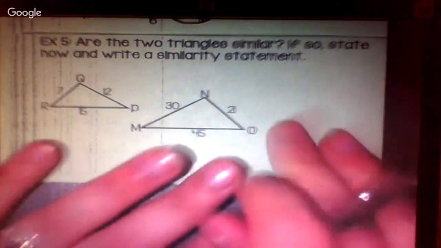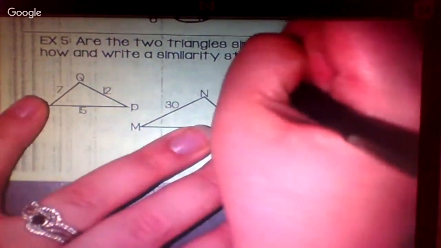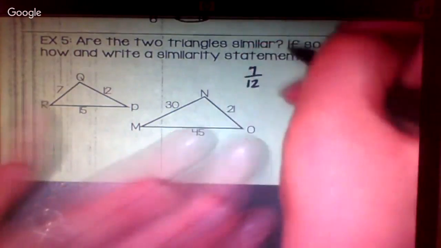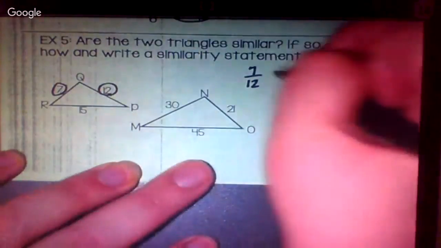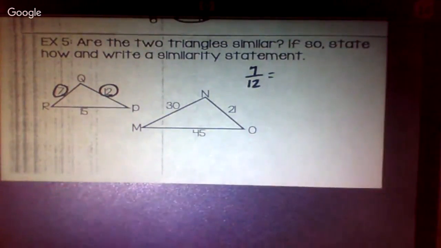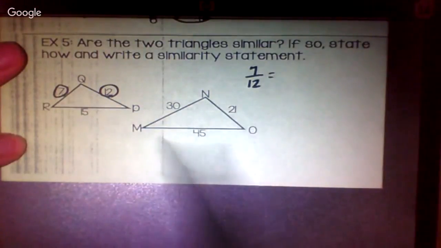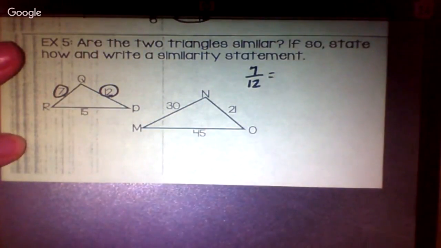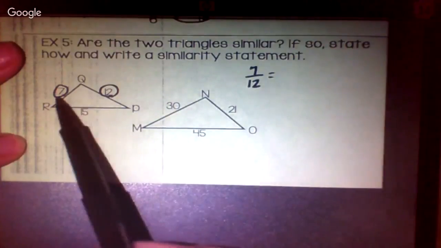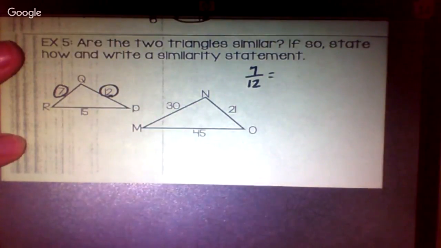So I need to set up my first proportion. 7 over 12. So I did 7 over 12. So Edwin, if I do 7 over 12, that means I have to do what with this one? Take a look at where 7's at and where 12's at and set up your fraction on the other side.